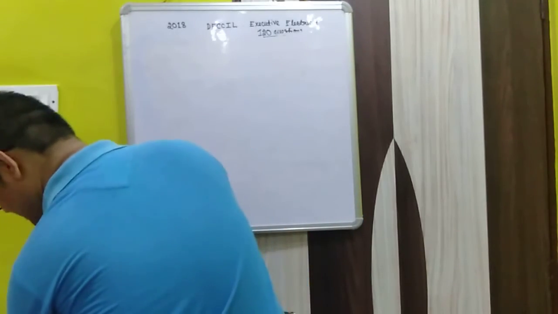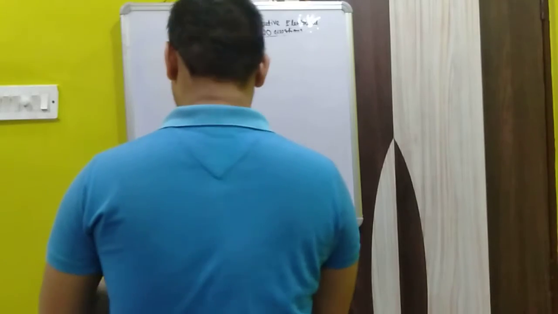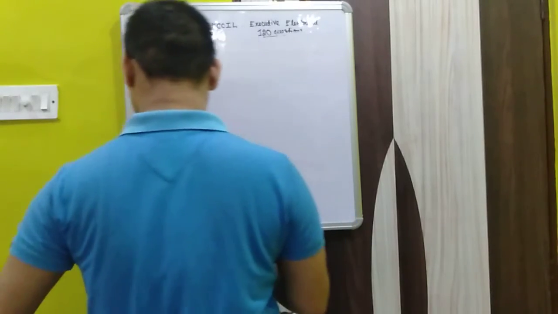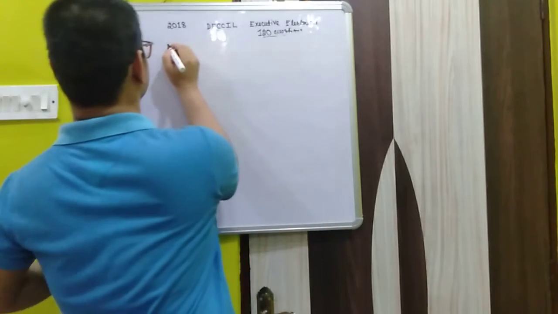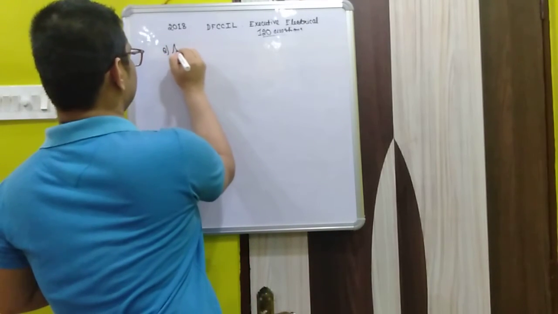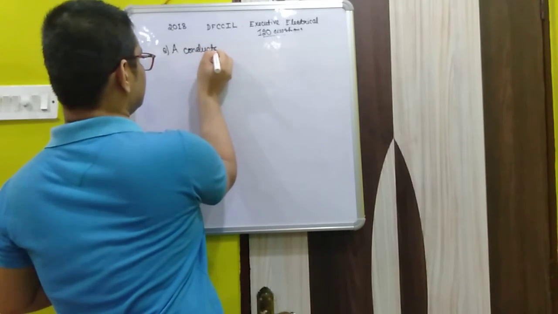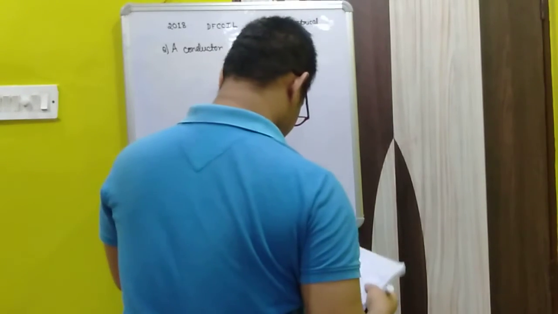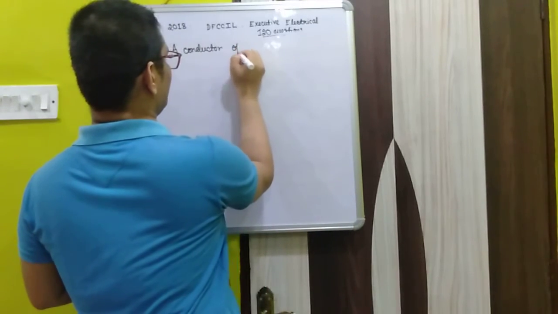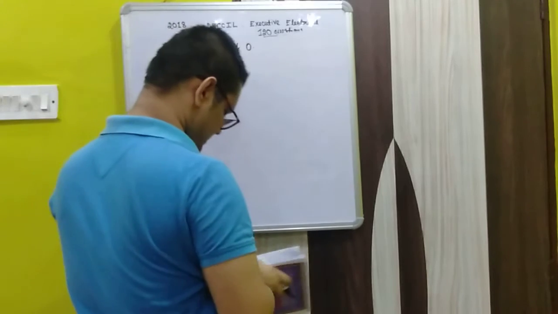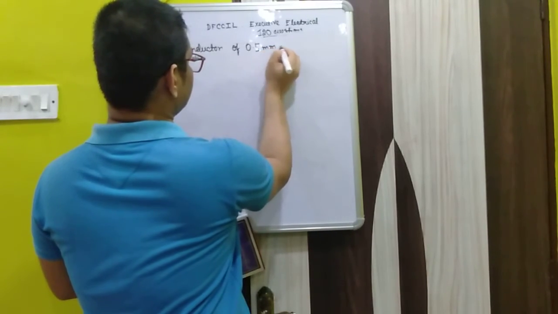So next numericals what we can see which came in the examination, that is a conductor. I'm writing the question over here so that it will be easy for you to see this. This conductor, there was the data over here of 0.5 millimeter diameter.